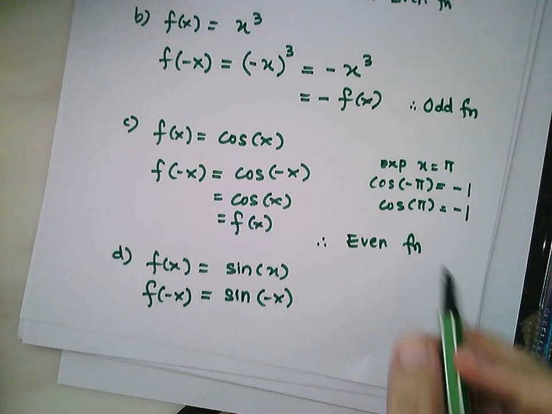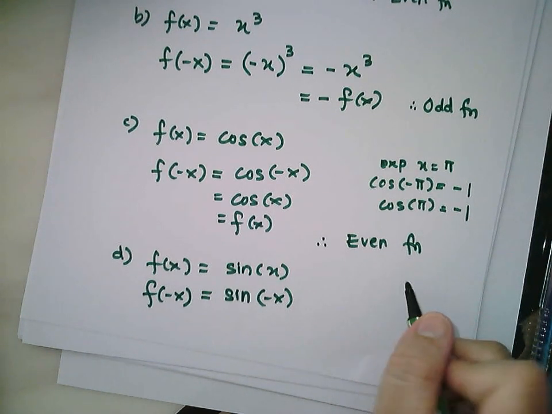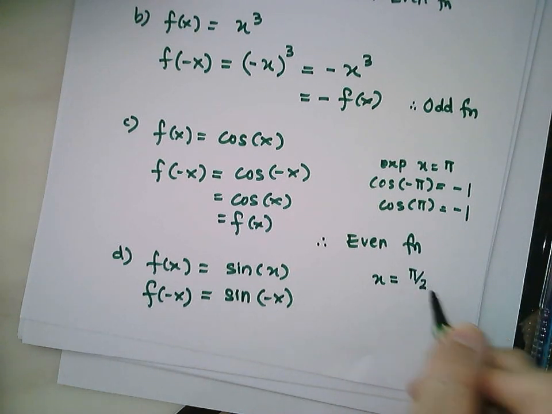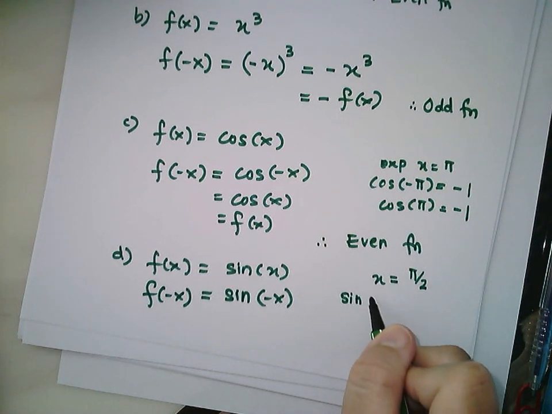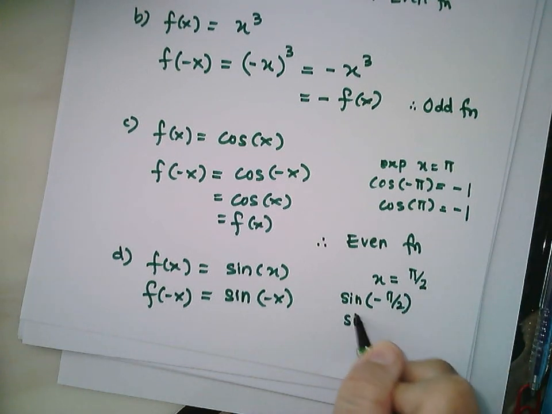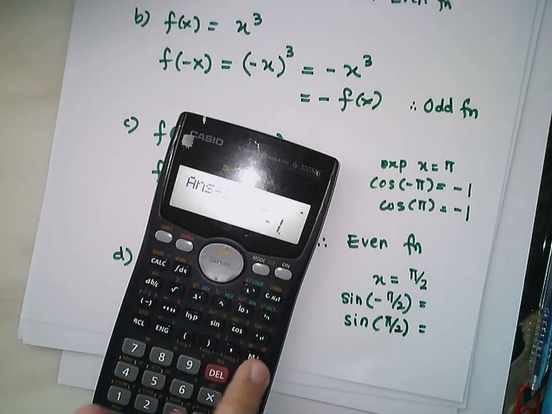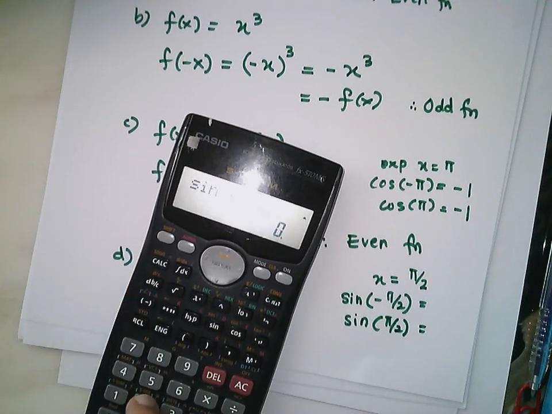Let's say you are considering your x is equals to pi over 2. Okay, so now find the value of sine negative pi over 2 and also sine pi over 2. Okay, so sine negative pi over 2 is equals to -1.